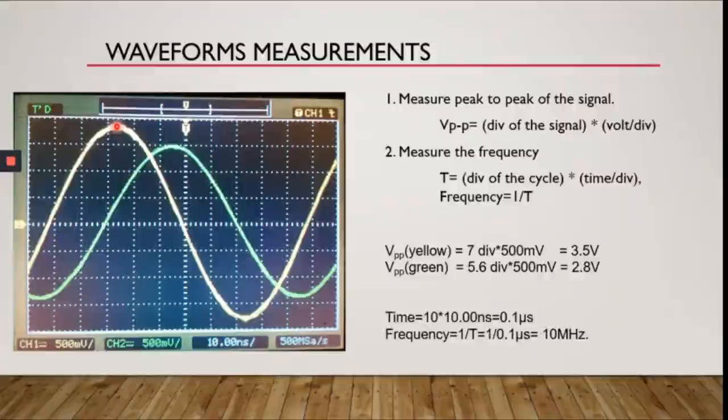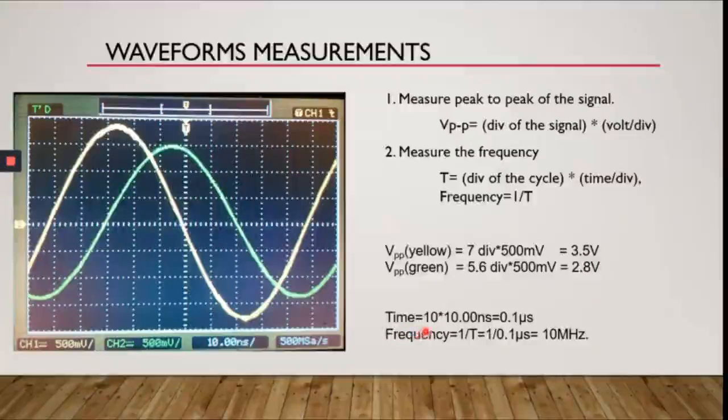You see that the number of divisions from here to here is 3.5, and from here to here is another 3.5. So you get 7 divisions. Multiply by 500 millivolt per division, you get 3.5 volts. That is the peak-to-peak voltage for the yellow signal. And for the green signal, you get the peak-to-peak value of 5.6 divisions. When you multiply, you get 2.8 volts.